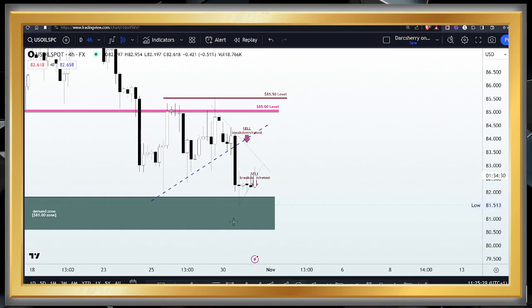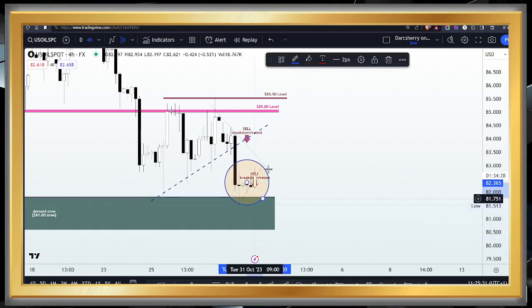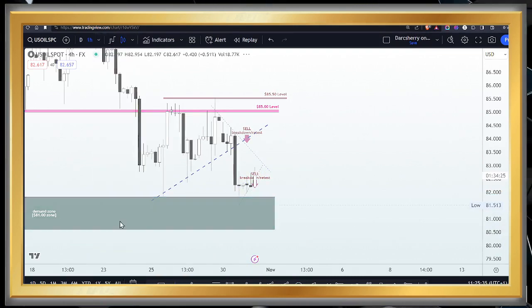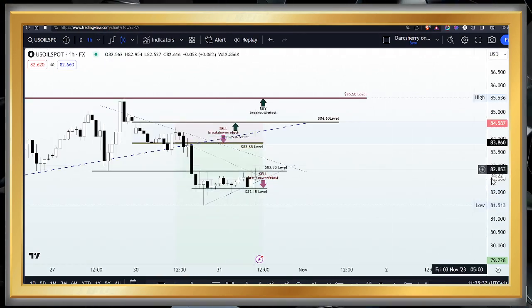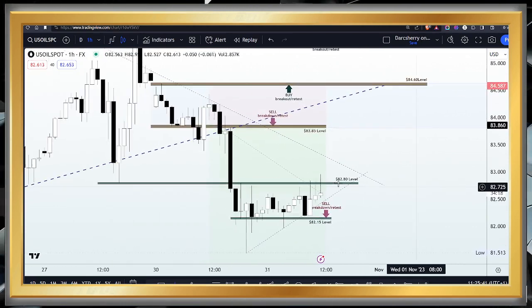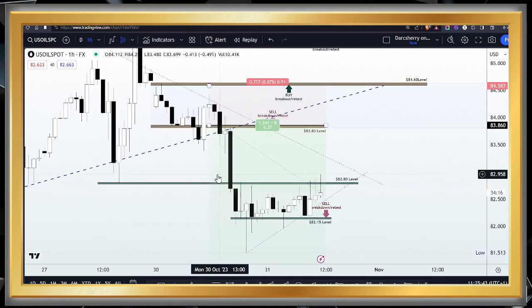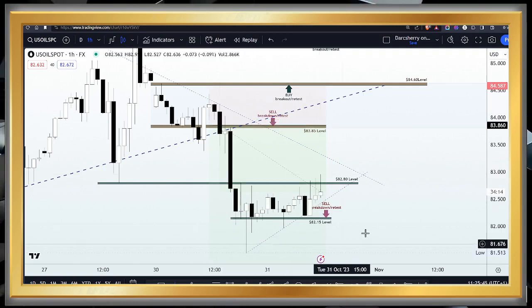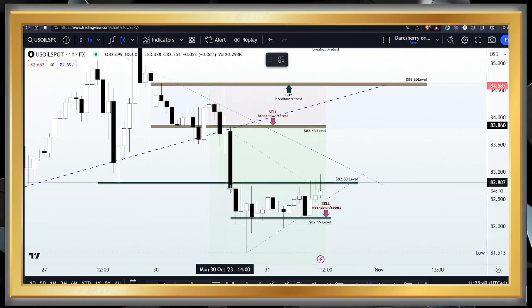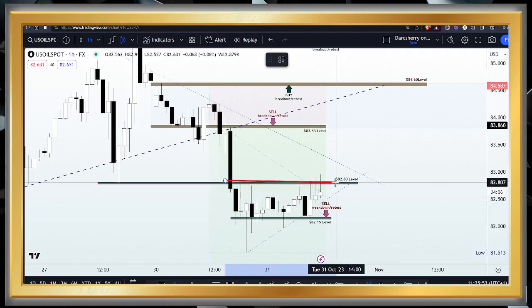Now, for us to have a clearer perspective into what is going on here, we will scale down into the 1 hour time frame to see how participants in this market have been reacting to this current zone. While I was trying to decipher what we are going to be doing this morning, I was able to spot a range, as you will see, since price got into this area during the later part of the New York session.